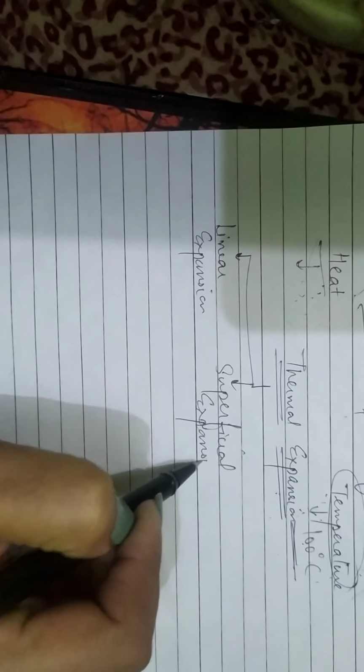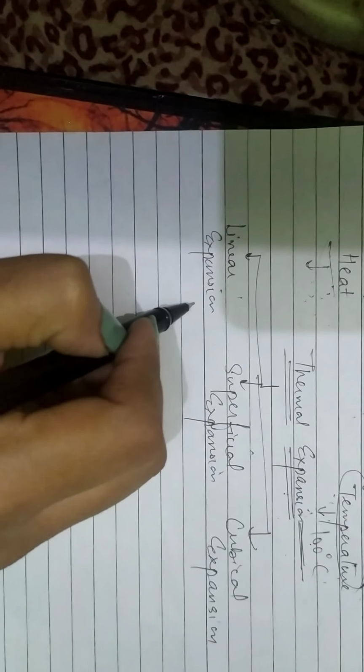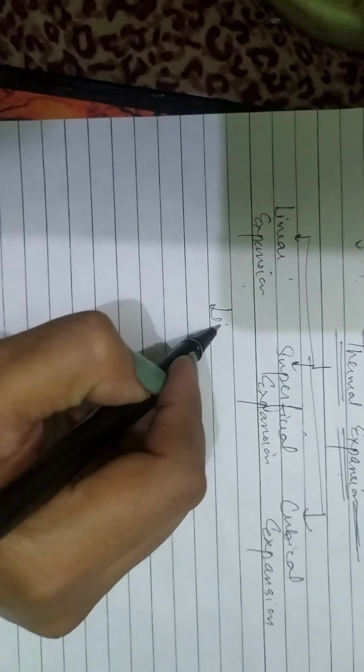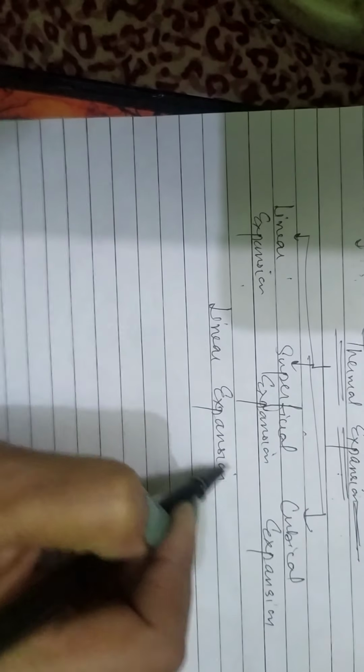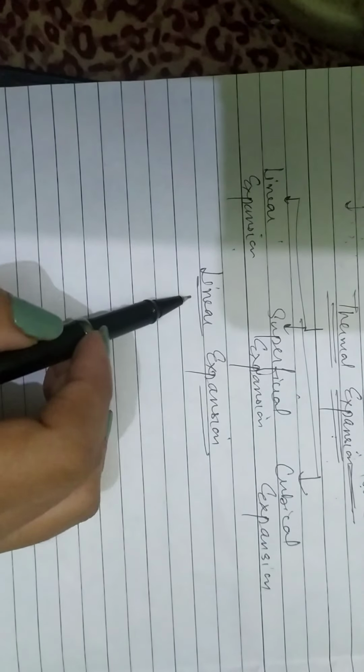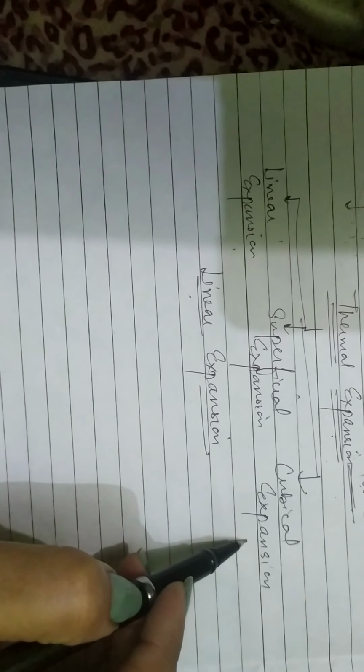Third is volumetric expansion, or cubical expansion, when volume expands, because it's clear from its name. So first we'll talk about linear expansion. For each expansion, we will calculate the coefficient of that expansion, like the coefficient of linear expansion, the coefficient of superficial expansion, and the coefficient of cubical expansion.